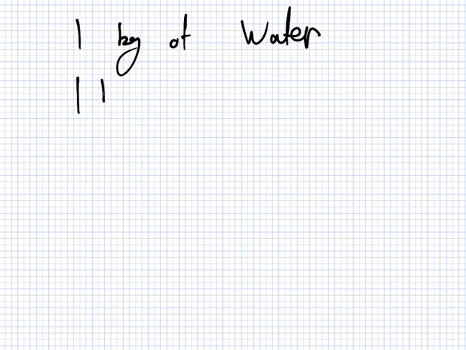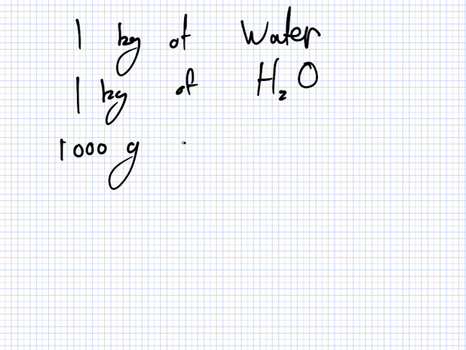Well, let's have a look at it now. The first thing I need to do is know how many moles I have. So I have 1 kilogram of H2O. That means I have 1,000 grams of H2O. What is the molar mass of H2O?